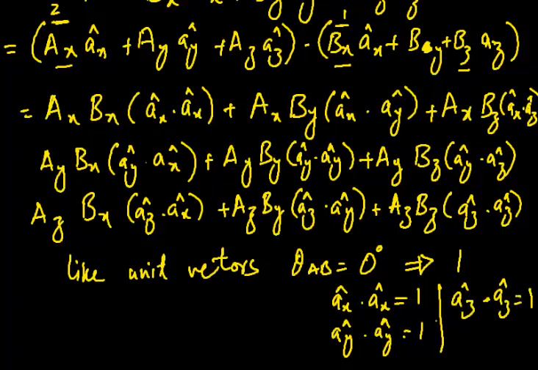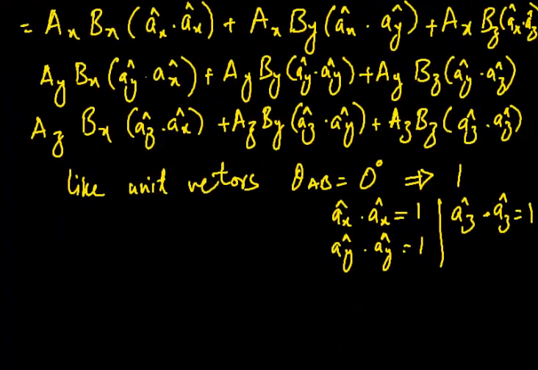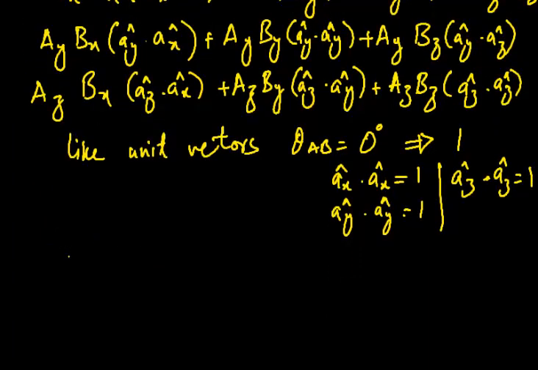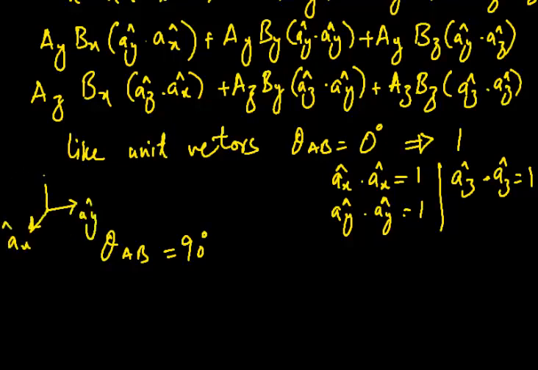So all the like vectors are going to give you 1. But all the other vectors are unlike, and they are going to give you 0, because theta AB between the unlike vectors is 90 degrees. If this is my AX, this is my AY, and this is my AZ, then the angles between them are 90, 90 and 90.